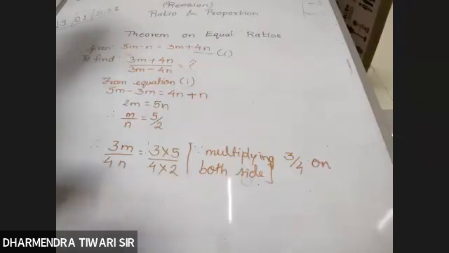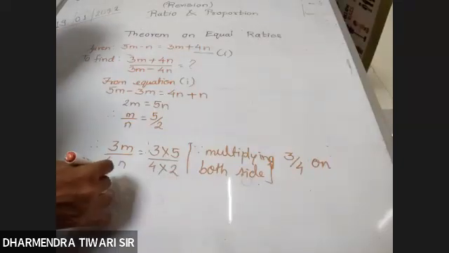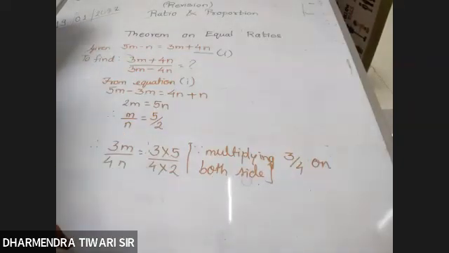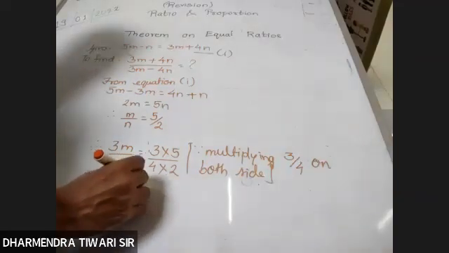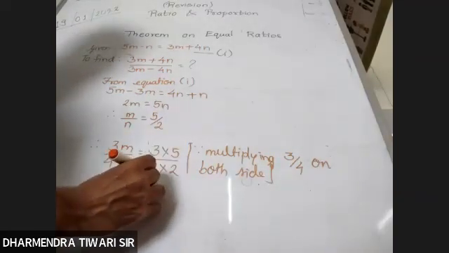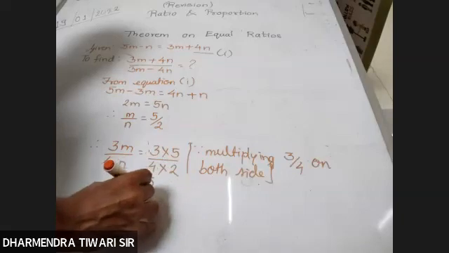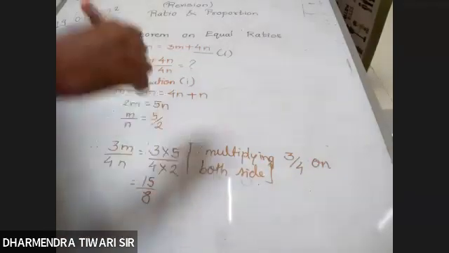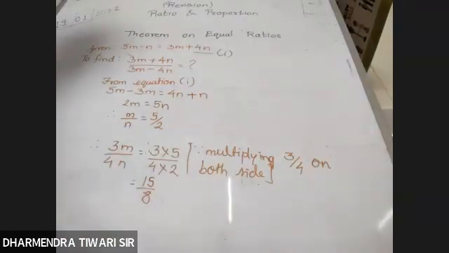In order to get 3m upon 4n, we should multiply by 3 by 4. So our demand according to the situation was 3m and 4n. So we did accordingly. So what is the answer? 3 multiplied by 5 is 15 and 4 multiplied by 2 is 8. So we got the value of 3m upon 4n as 15 upon 8.